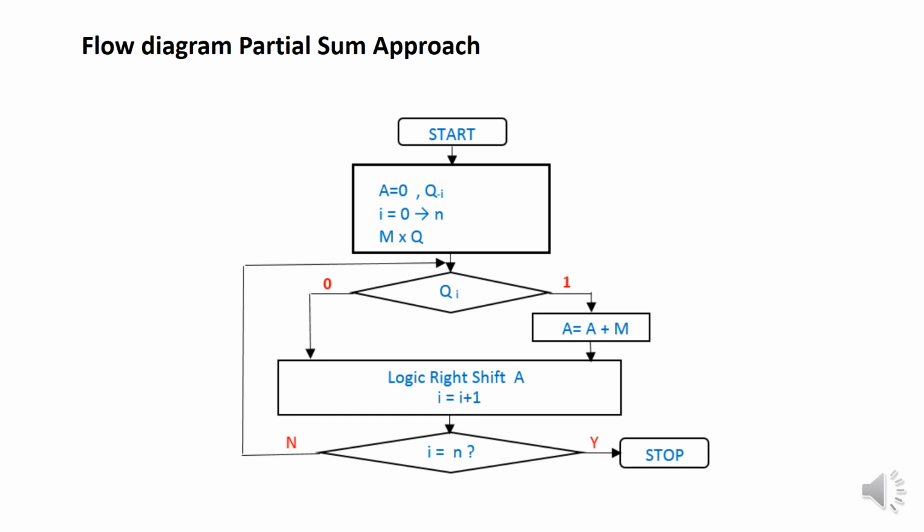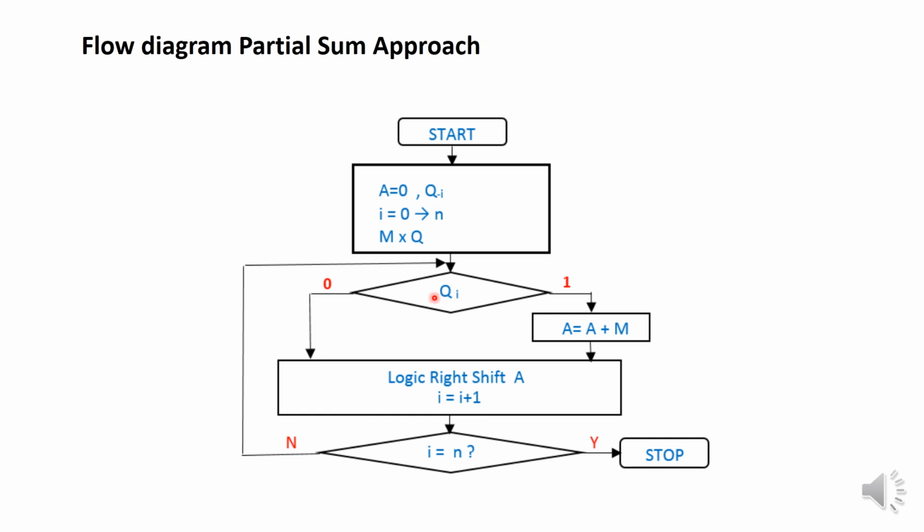This is the flow diagram of the partial sum approach process. Let's explain it. This is the multiplicand and the multiplier. This is the accumulator, and these are the bits of the multiplier. And these are the number of iterations equal to the number of bits.